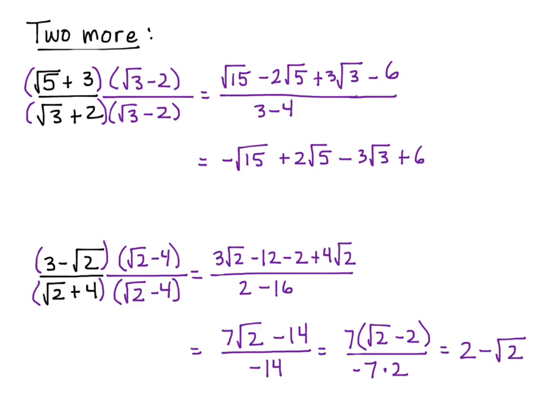Okay, so we could have gone a little bit farther on this one here, right? Because we had the 3 radical 2 and the 4 radical 2, which make the 7 radical 2, and then we have the negative 14. And I think here this should be negative 14, right? Because we have 4 times 4 is 16, so we have 2 minus 16.